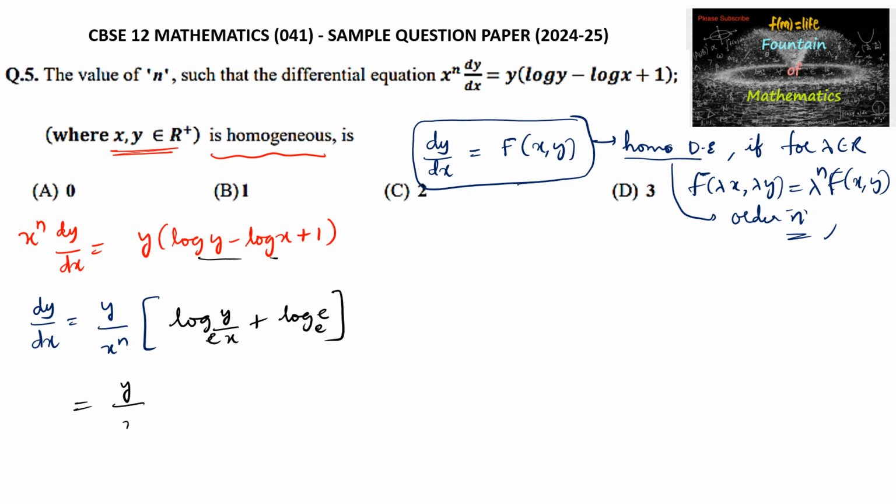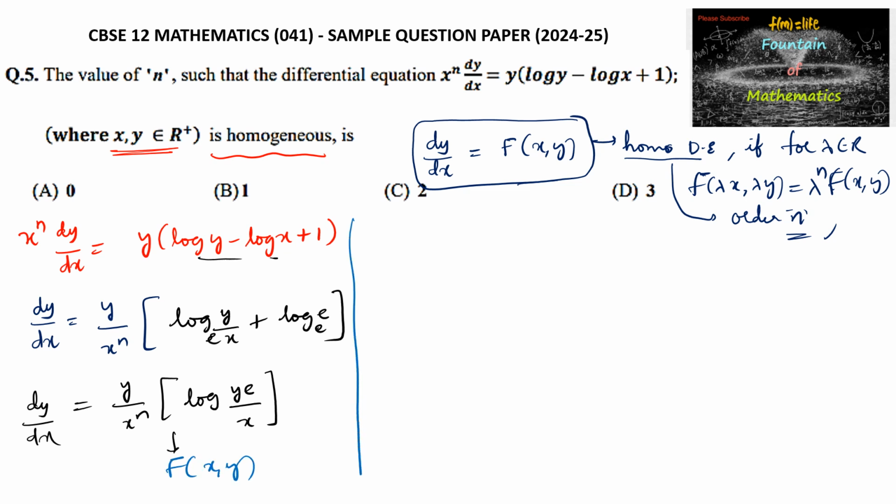So y divided by x to the power of n, again by using the properties of logarithms, log a plus log b is log ab. So we can write y into e divided by x. So this is dy by dx, which is in the form of f of x comma y.